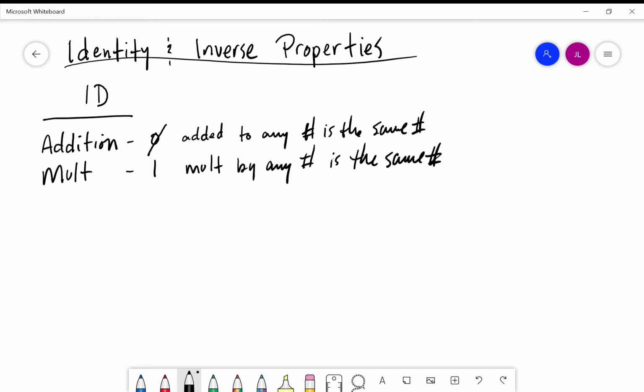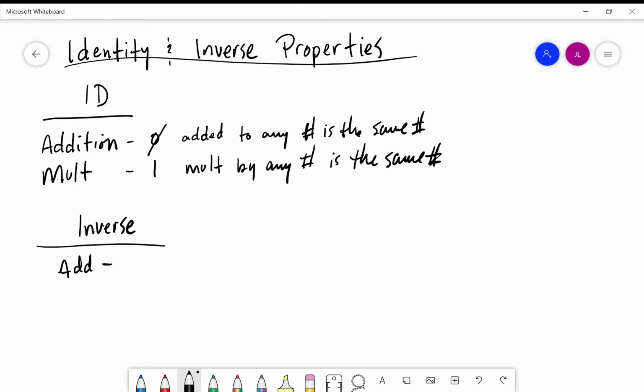Now, when we talk about inverse properties, we're really looking at a situation where we're going to be combining numbers to get to a result we want. So if we have two numbers and we're adding, then two numbers added whose sum is 0 is where we have an inverse property, and many times we call this the additive inverse in math.